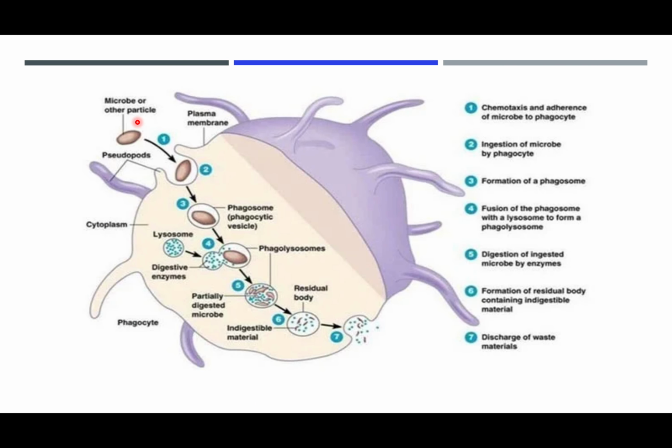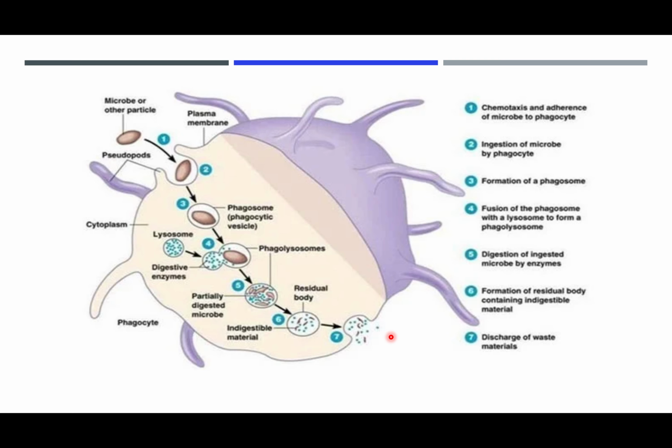So generally, what's going to happen? The microbe is there, the pseudopods engulf it, and a phagosome is produced. The lysosome binds to the phagosome, creating the phagolysosome. Then it breaks down the material, and all the indigestible parts are ejected through exocytosis.